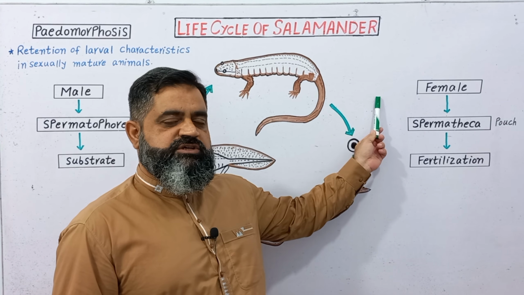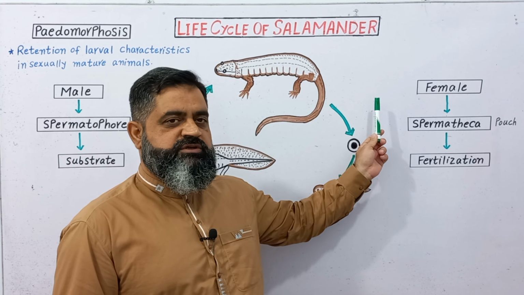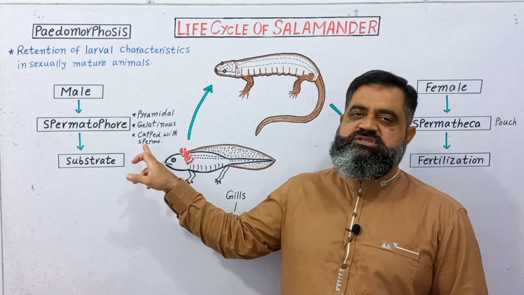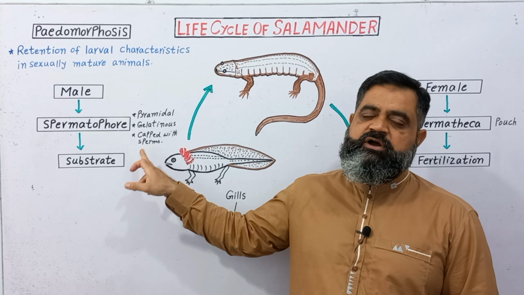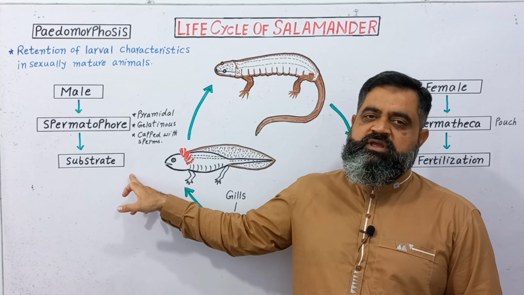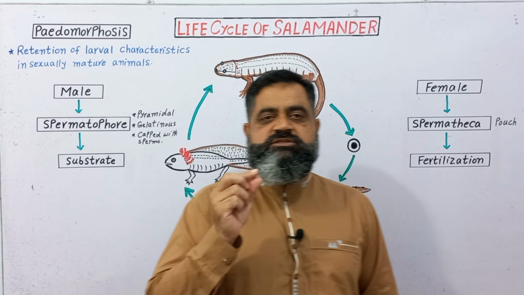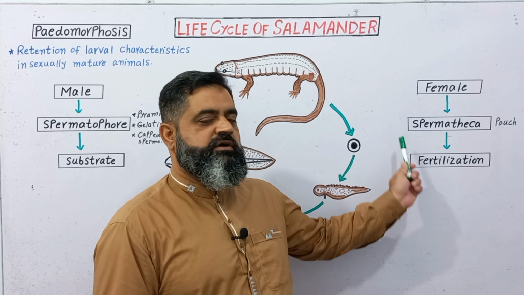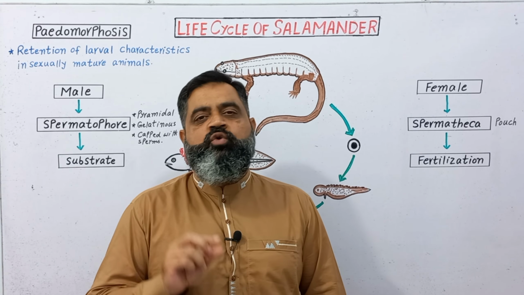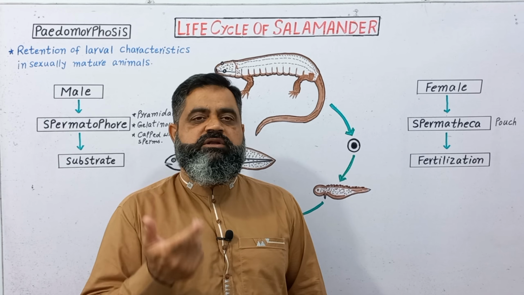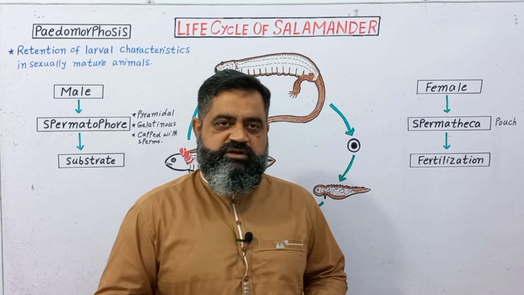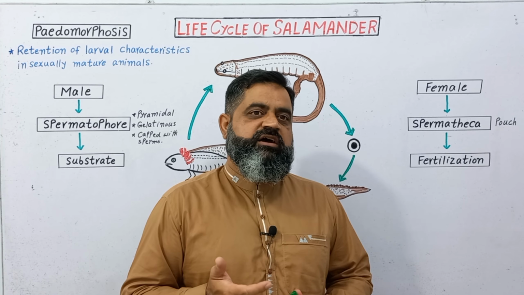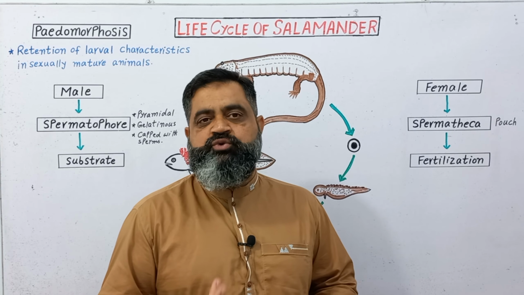The female after courtship picks up the spermatophore which was released by male on any substratum, and picks up this spermatophore which is filled with sperms with the help of cloaca. Cloaca is an opening, cloacal opening, which is present in the body of the salamanders, which helps to remove reproductive gametes and also at the same time feces and urine.